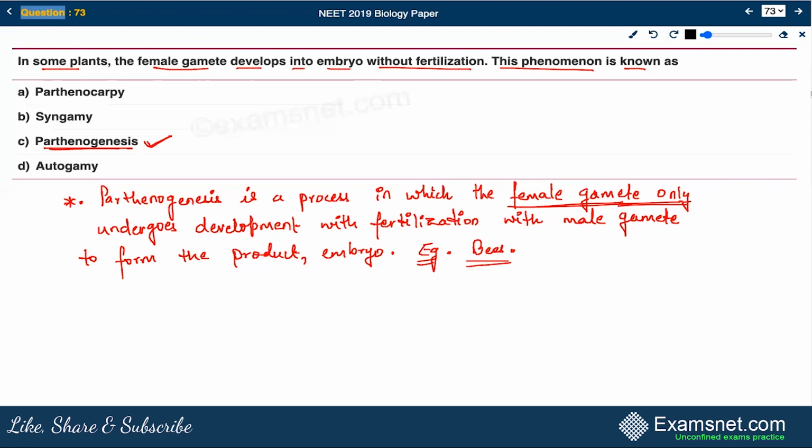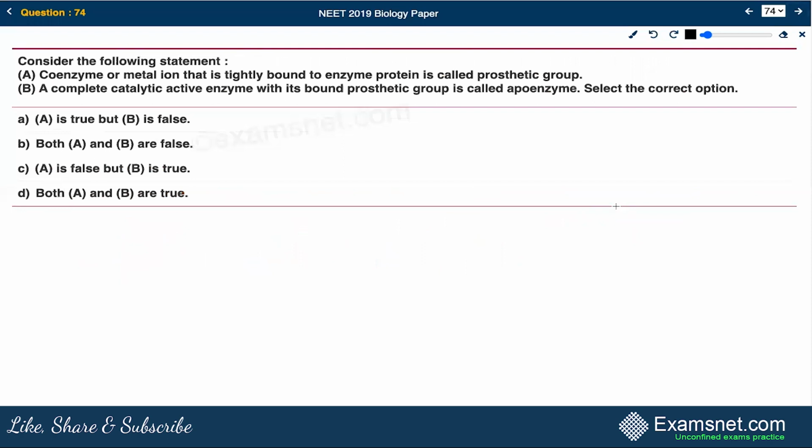All right, now let's move on to the next question, which is question number 74. Question number 74 says that you have to consider the following statements. The first statement says that a coenzyme or metal ion that is tightly bound to the enzyme protein is called the prosthetic group.